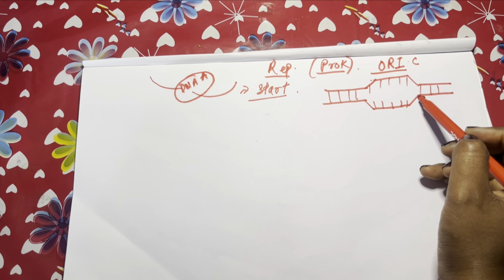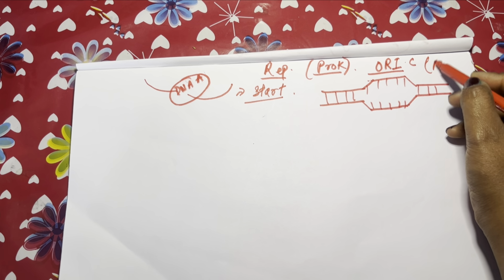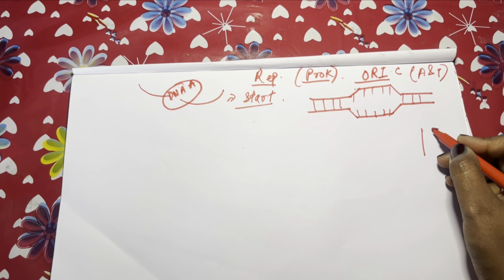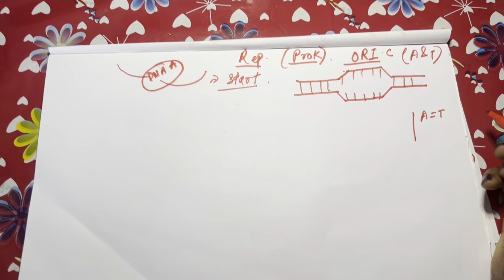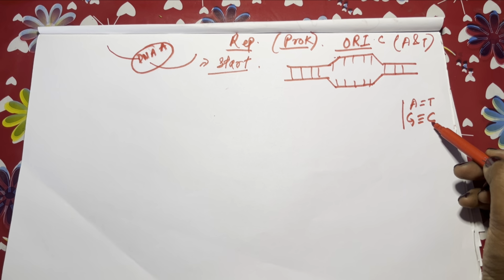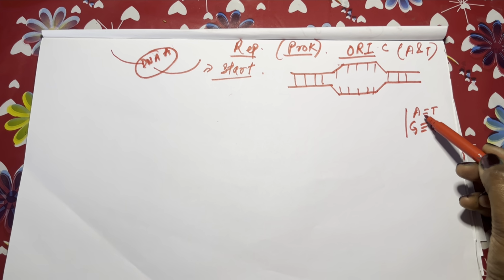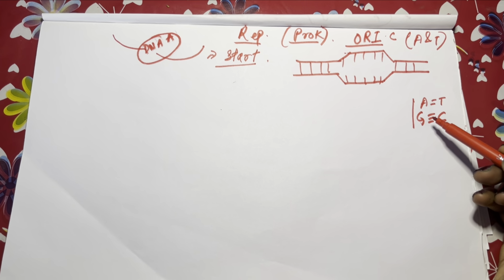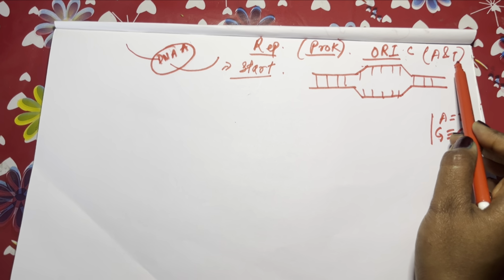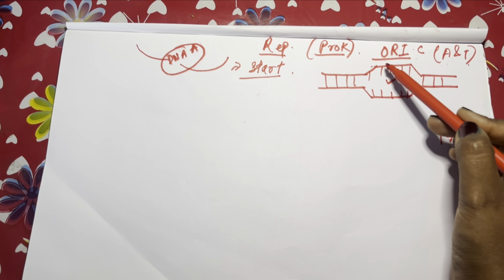This particular region of the DNA is rich in adenine and thymine, because adenine and thymine have 2 hydrogen bonds, and guanine and cytosine have 3 hydrogen bonds in between. So 2 hydrogen bonds are easier to break than 3. That's why OriC is rich in adenine and thymine, and the helicase enzyme will work here.